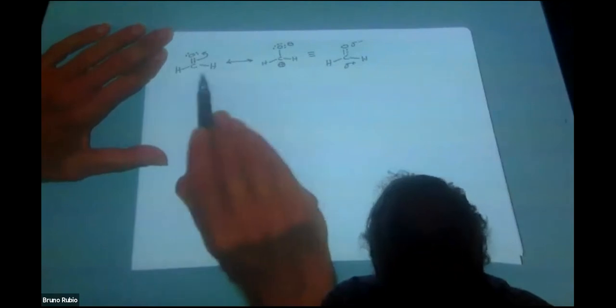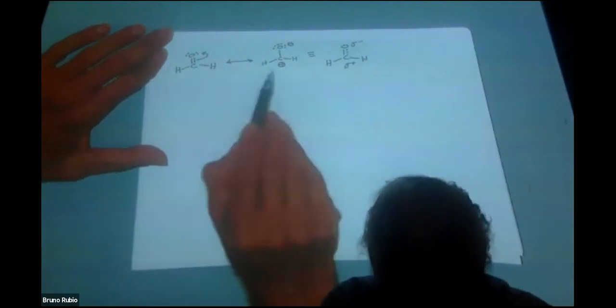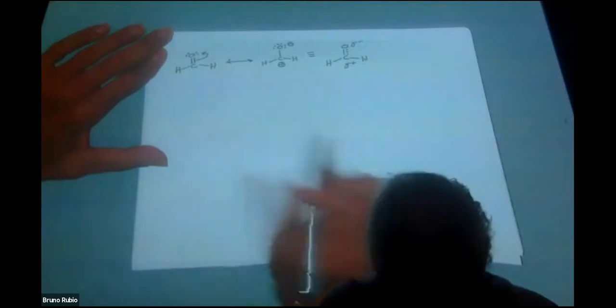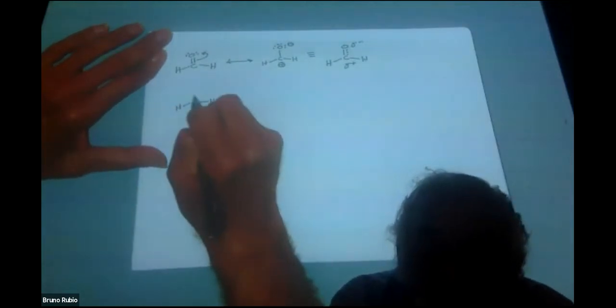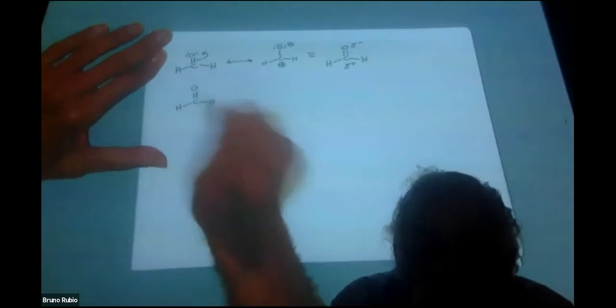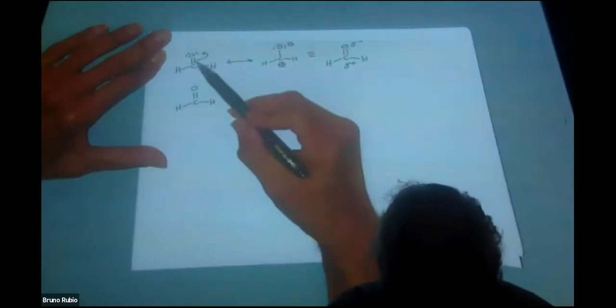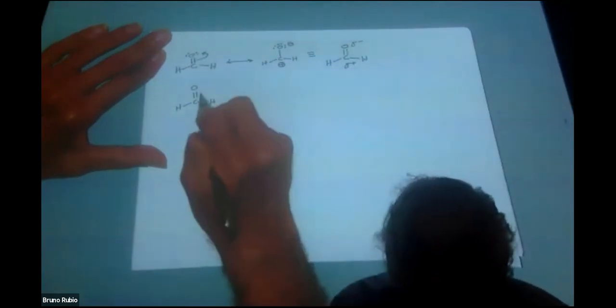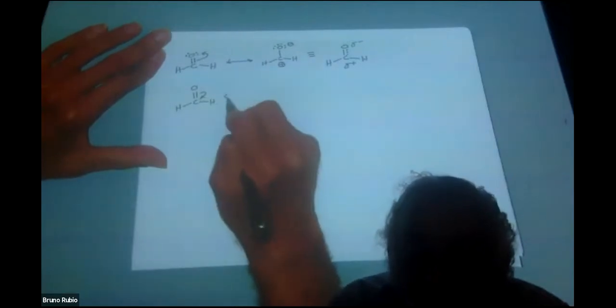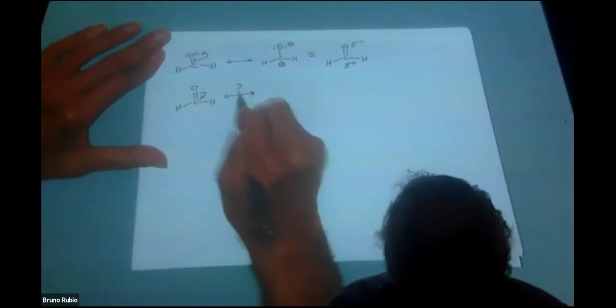Okay, so now let's do this problem again, but now let's do it wrong. I was able to scoot this electron pair up to this oxygen. Now I'm going to try to scoot it down to the carbon. Resonance question, right?